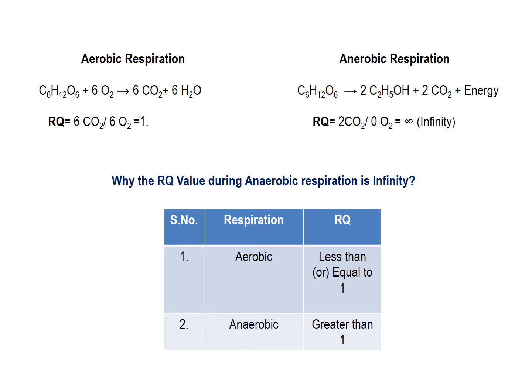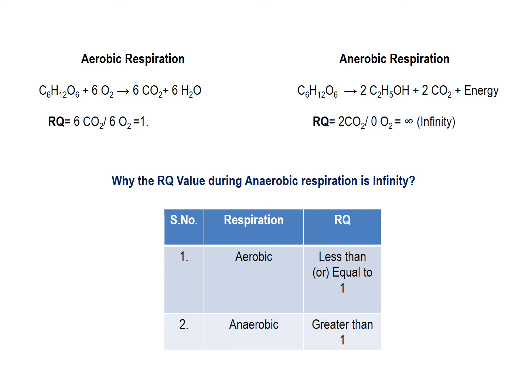So we calculate the RQ as 2 moles of carbon dioxide divided by 0 moles of oxygen, which leads to an infinity value. You may ask why the RQ value during anaerobic respiration is infinity. As we know the difference between aerobic and anaerobic respiration, anaerobic respiration takes place without the involvement of oxygen, so that's why the respiratory quotient value will be infinity.